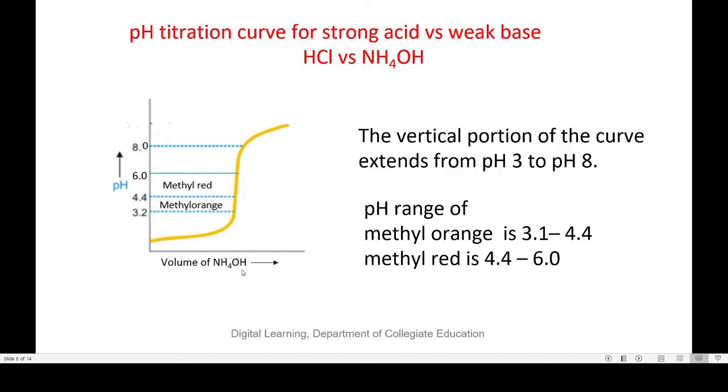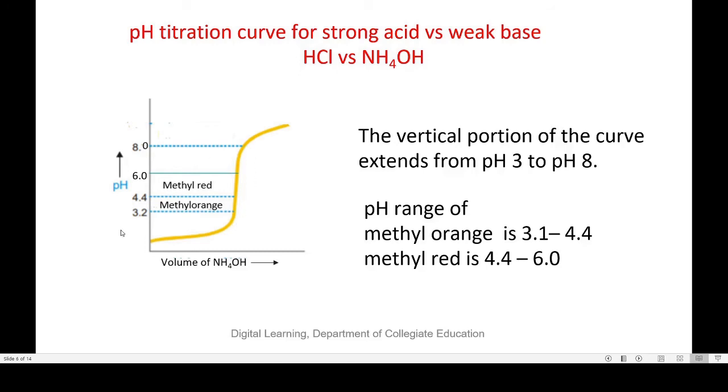After each addition of ammonium hydroxide, the pH gradually increases, and around the equivalence point a sudden rise in pH is observed, which is indicated by the vertical portion of the curve, and beyond the equivalence point, again the pH rises slowly. Now the vertical portion is observed from pH 3 to pH 8.